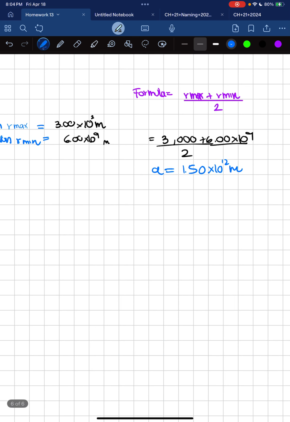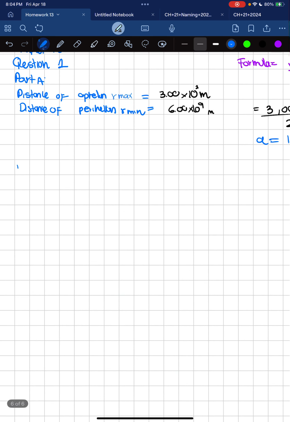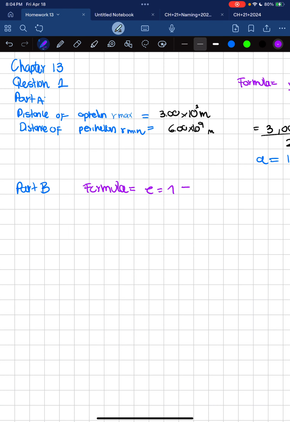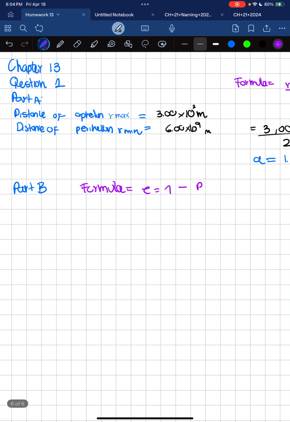Okay, so now let's go with part B. Part B, for this comet's orbit, find the eccentricity. So let's put the formula for eccentricity, which equals 1 minus the perihelion radius over the semi-major axis.